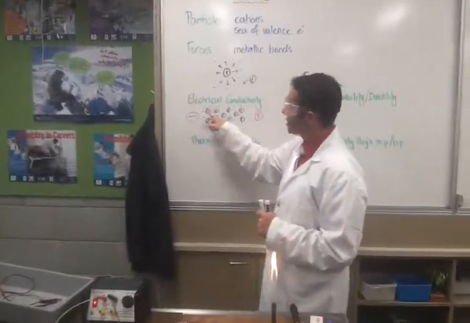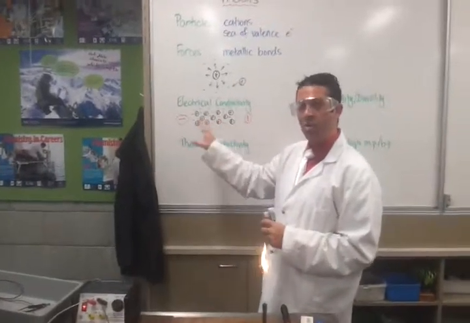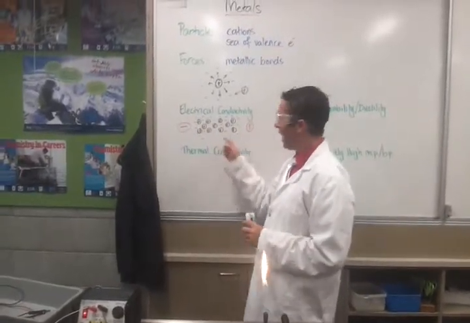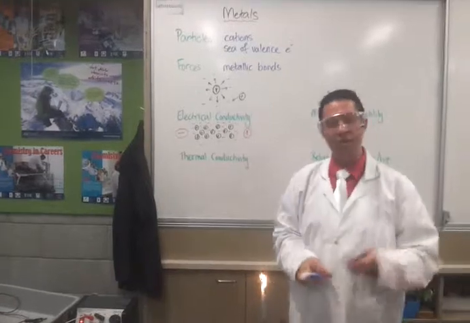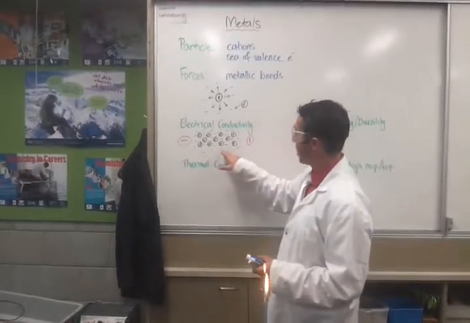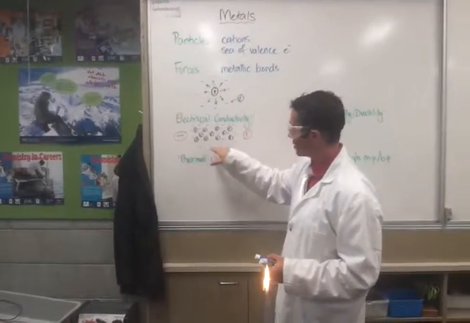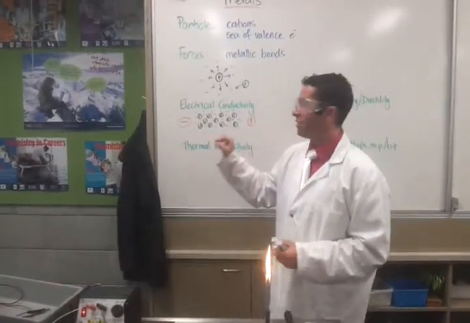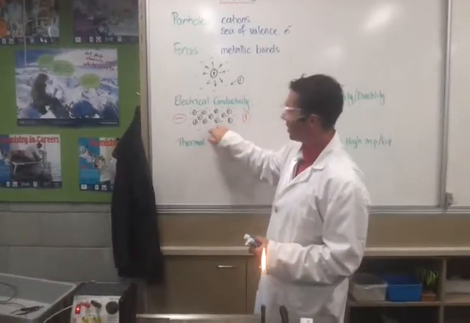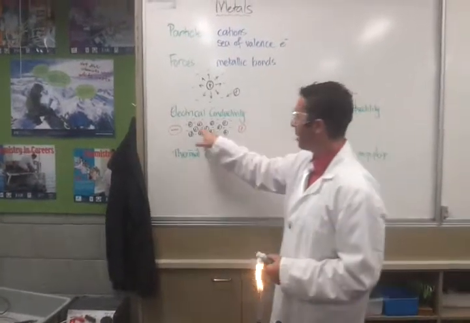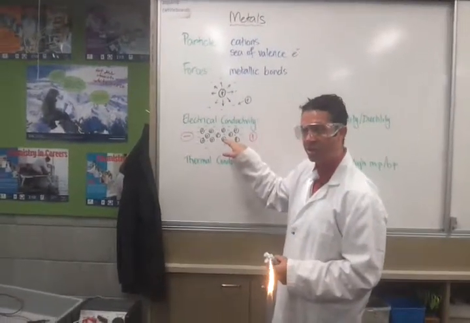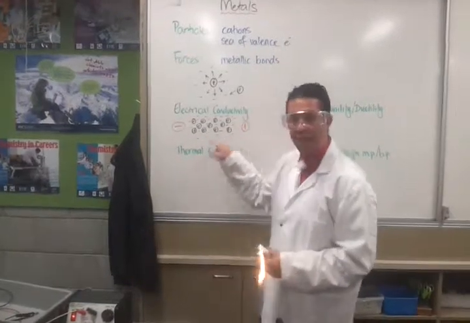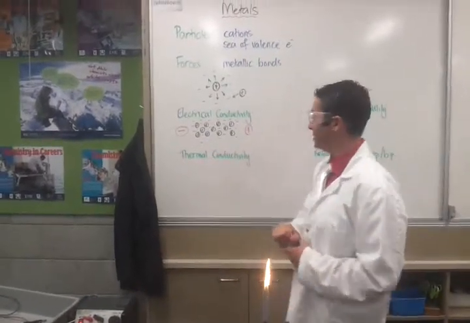Because it's a sea of valence electrons, they can move from one place to another. So we have those requirements for an electrical conductor. We have charged particles, both the cations and the electrons. But we also have that other key criteria, that the particles are able to move. The cations can't, too much energy required, but the electrons can. We have an electrical conductor.